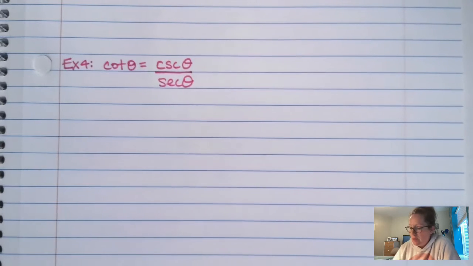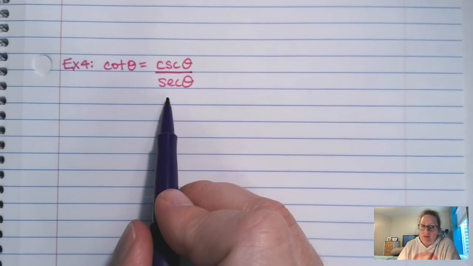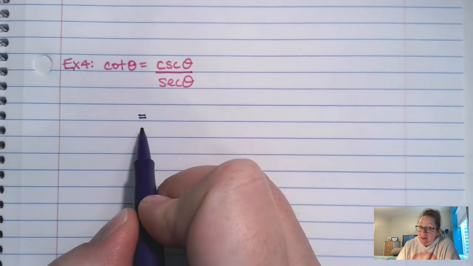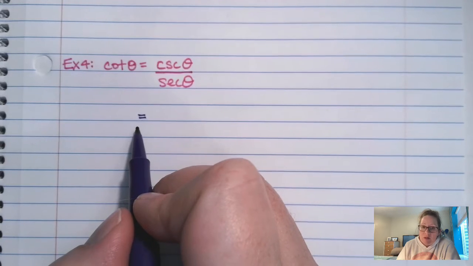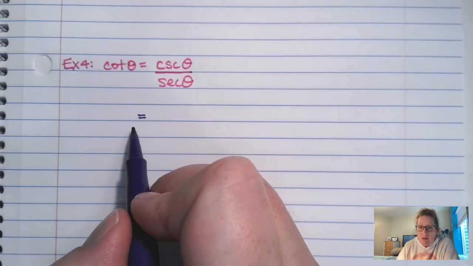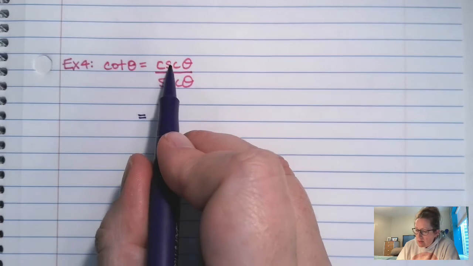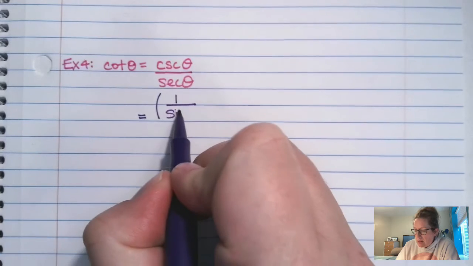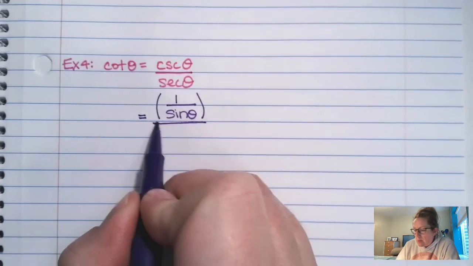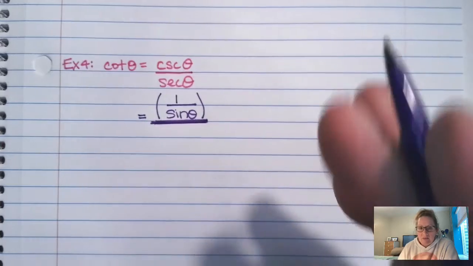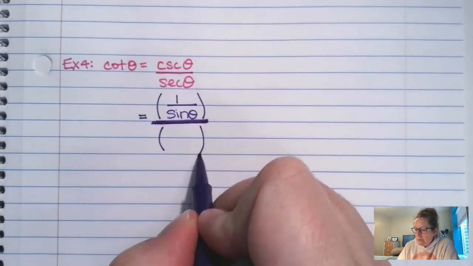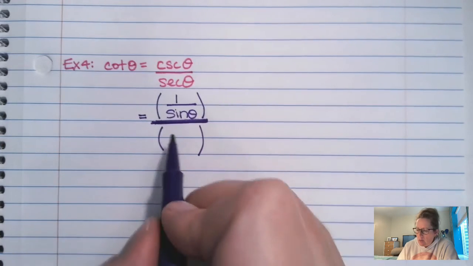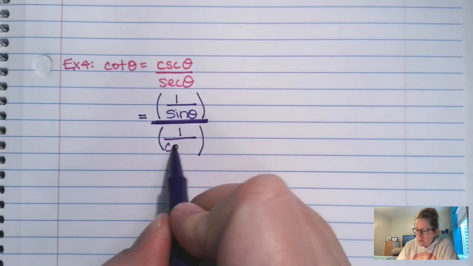All right, last one. Which side would you start with? I'd do that one because that one looks more gross. Let's do it in terms of sines and cosines. I'm telling you, it's the best trick when solving these, I think. It will almost work all the time. So cosecant theta, I can rewrite that as 1 over sine theta. And then I'm going to make my division bar a little bit thicker because I'm going to have a complex fraction here, a fraction over a fraction. And then secant theta is 1 over cos theta.